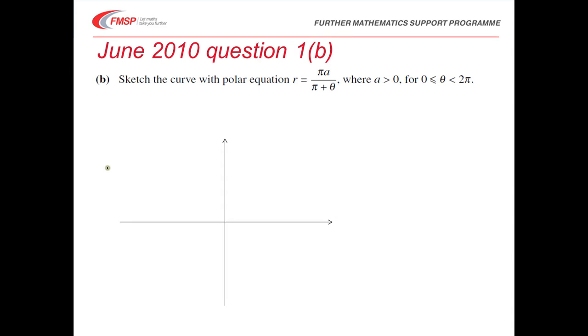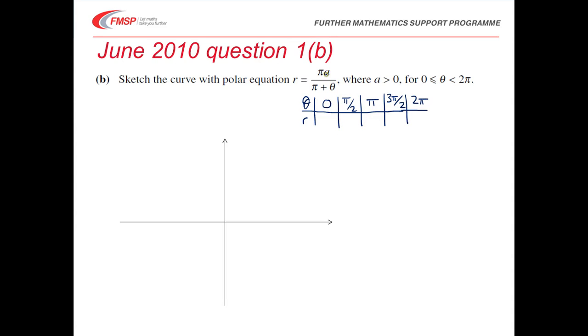Okay, polar coordinates. We're asked to sketch that curve, r equals pi a over pi plus theta. You can get an idea of what this looks like by choosing a value of a and using your graphical calculator, but we've got to do this in general terms, so it will be a good idea to write out a table to give us the points of intersection with the axes. So theta is 0, pi over 2, pi, 3 pi over 2, and 2 pi.